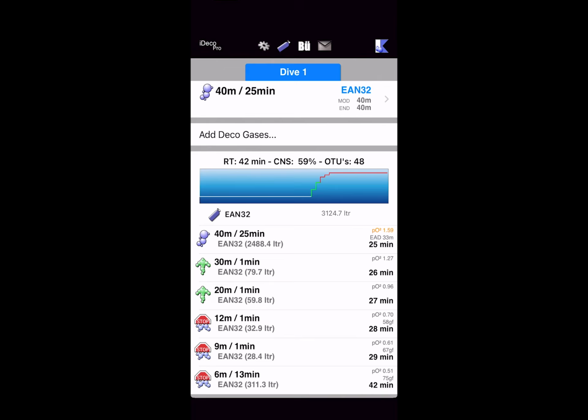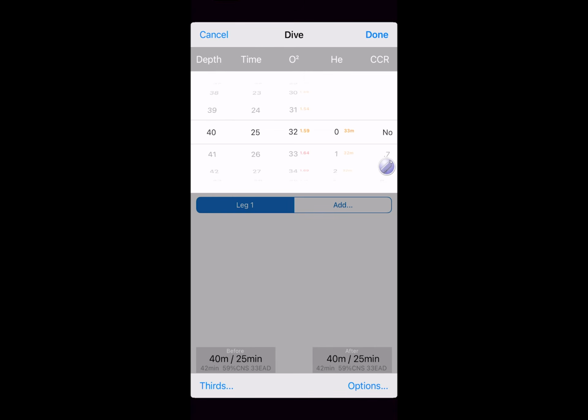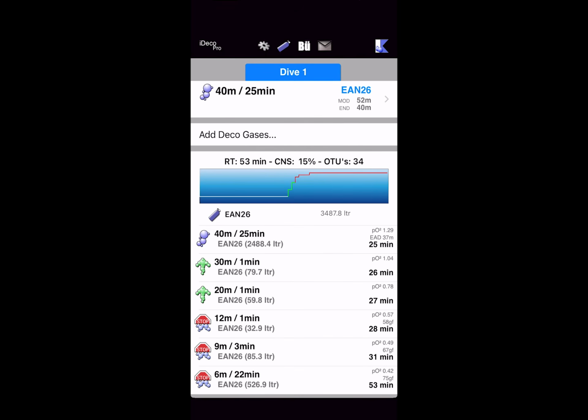So we need to do minus 3 if we want to put it on minus 3, or maybe we want to put on, let's say, 26. You see that our decompression obligation changed a little bit, and obviously that's because of the nitrogen loading. If you have less oxygen in your loop, there must be something else. But this looks pretty good for me right now. So I have 40 meters for 25 minutes, and then we ascend to 30, we ascend to 20.